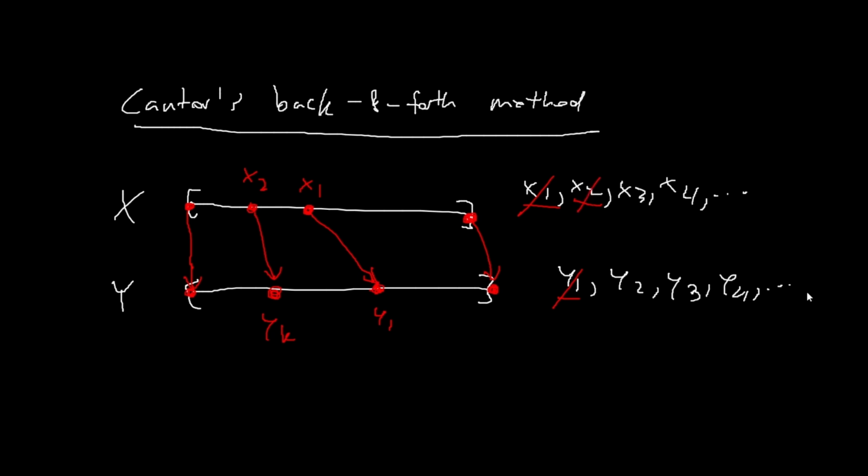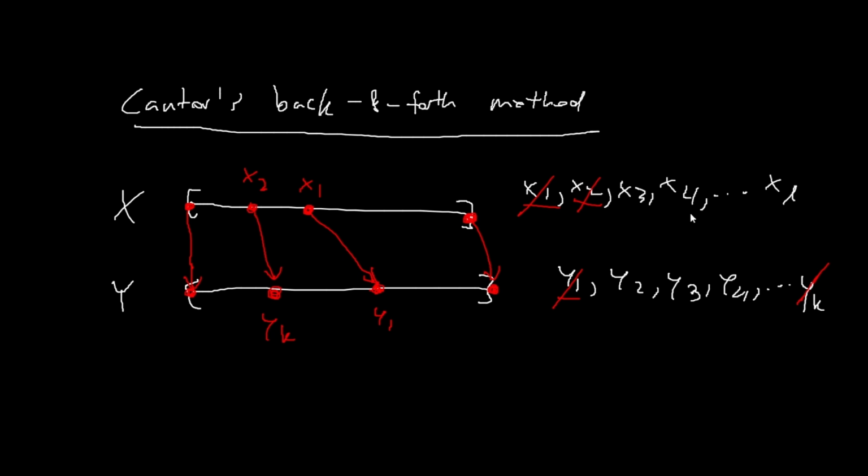Once you locate Yk, you cross it out. Then you go to the first instance of an element in X that's on the right interval. It might not necessarily be X3, but it could be something like XL.